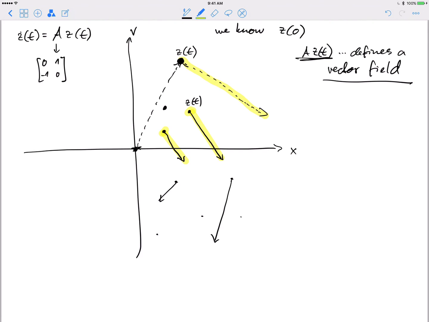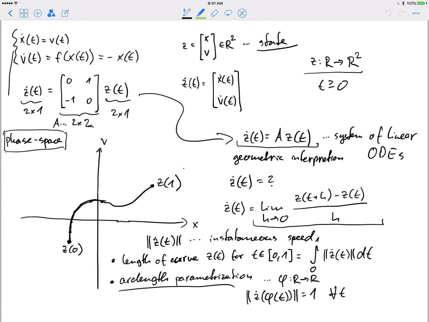And the answer is that's the first part here. That was the geometric intuition of the A z(t). Okay, z(t), forget that it's a function. For a given t, it's just a point. And that point gets rotated by this matrix A. The matrix A is just this. It's a minus 90 degrees rotation. Now I'm brushing under the carpet some details.